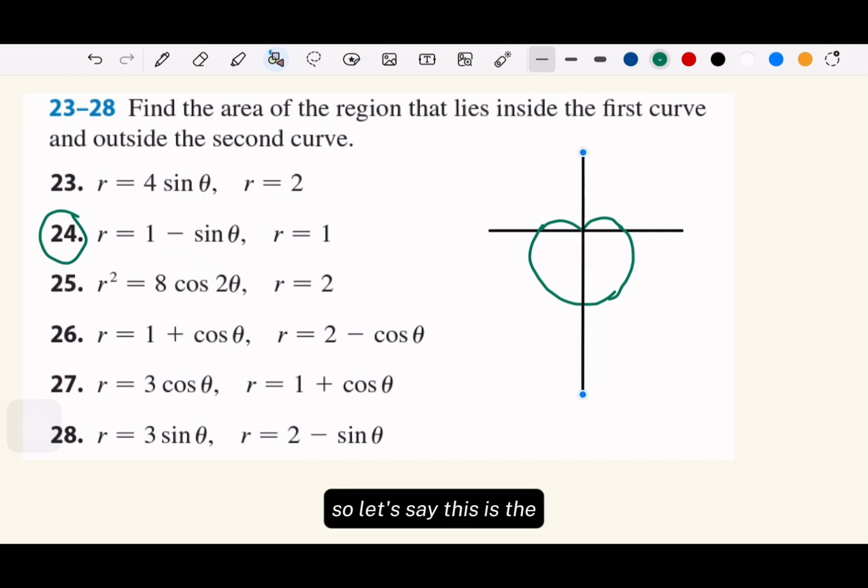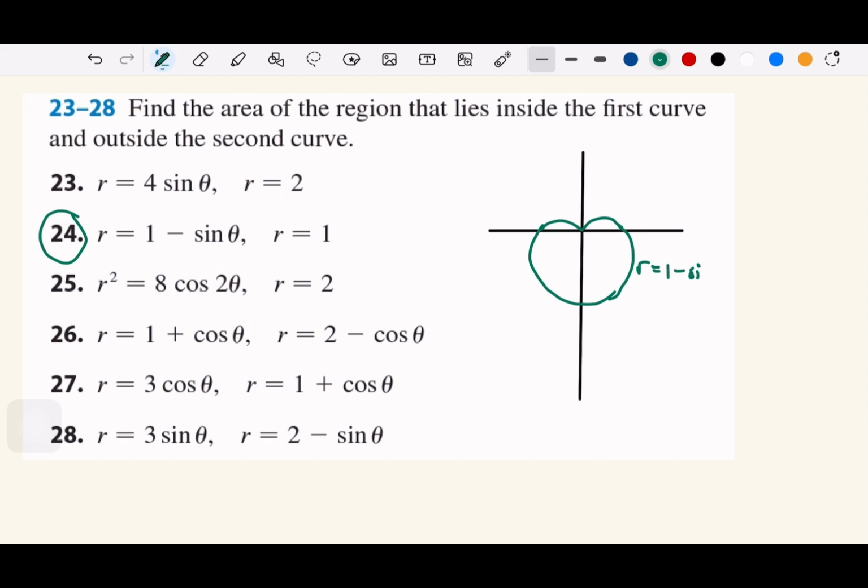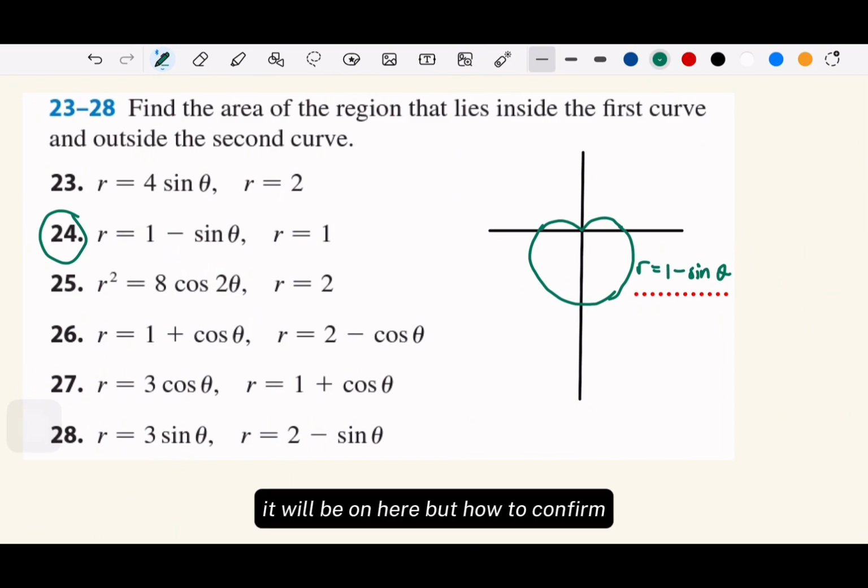So let's say this is r, and then r equals 1 will be on here.